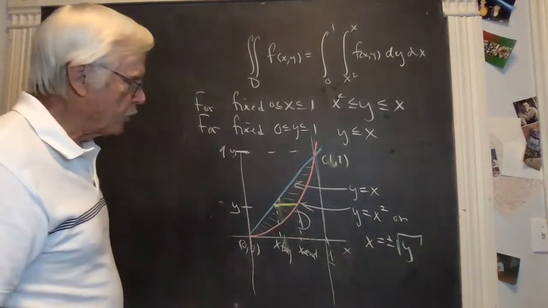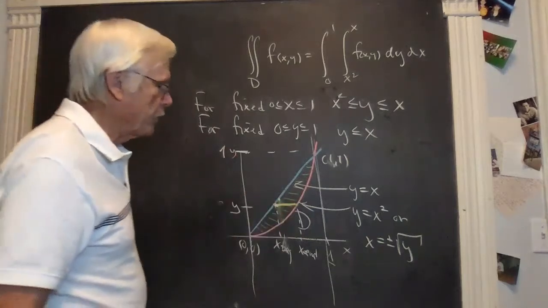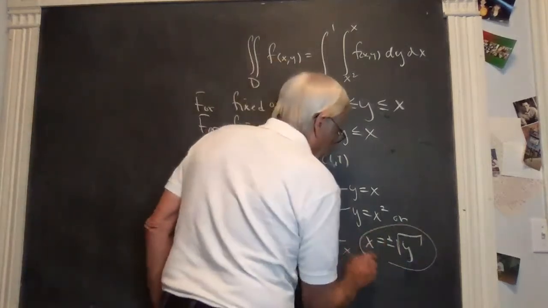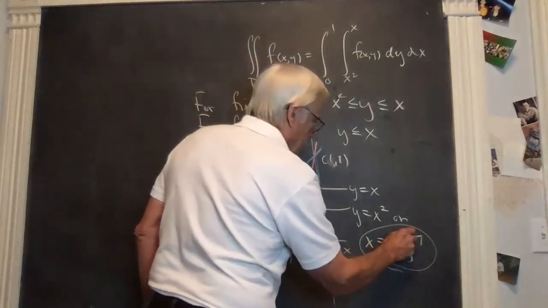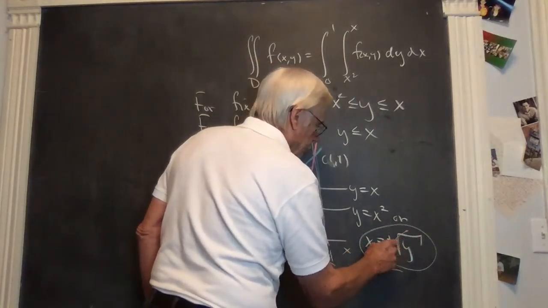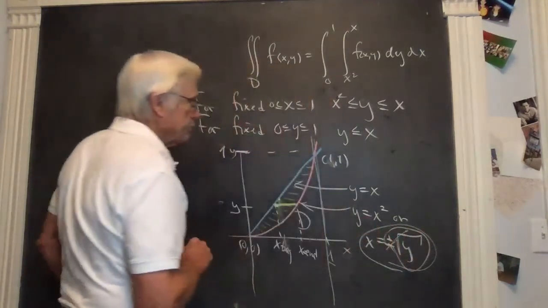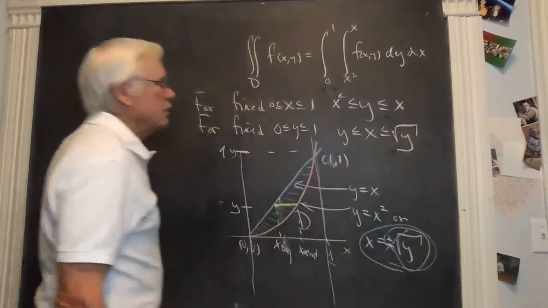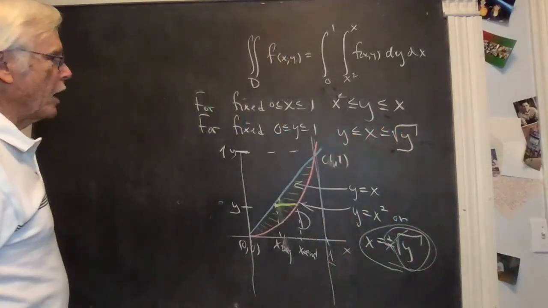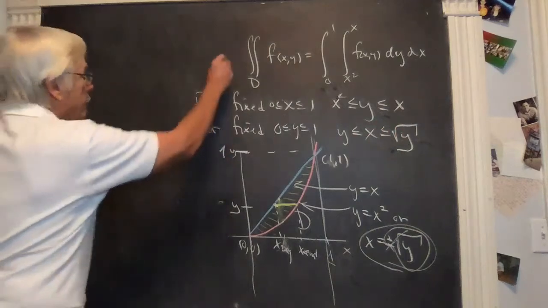It's set up to do the other way, but you can do it this way also. This has two roots. One of them is over here that we're not interested in. We're only interested in the positive root. And so x will be between y and the square root of y.